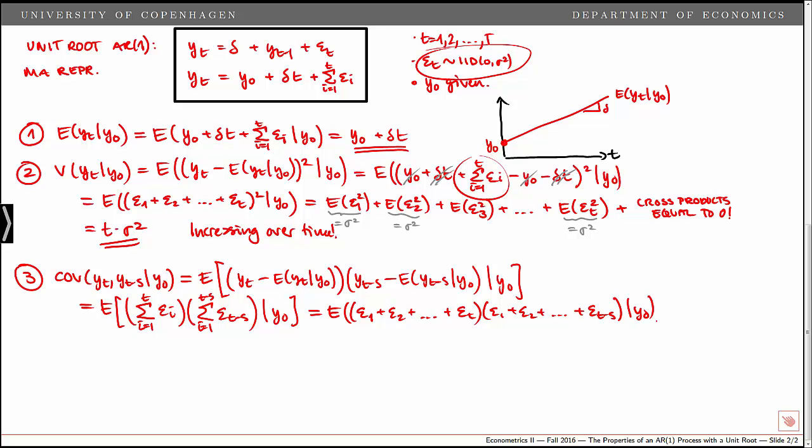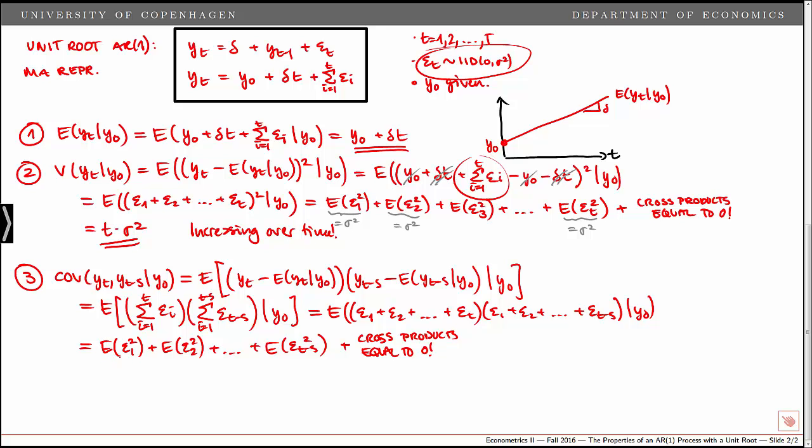So what we get here is the expected value of epsilon 1 squared plus the expected value of epsilon 2 squared, all the way up to the expected value of epsilon t minus s squared, and then we get all the cross products which are equal to 0.